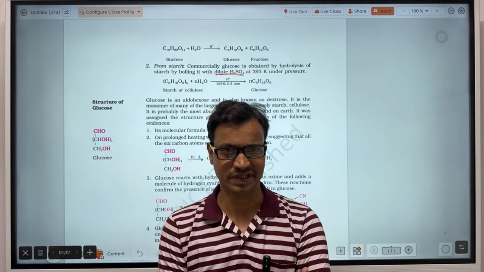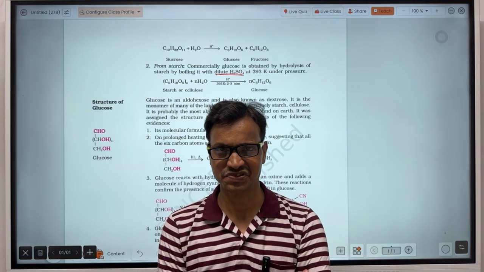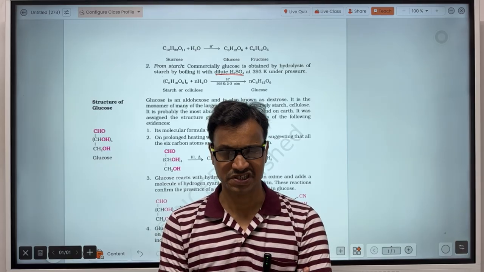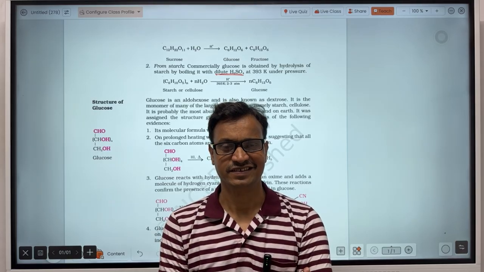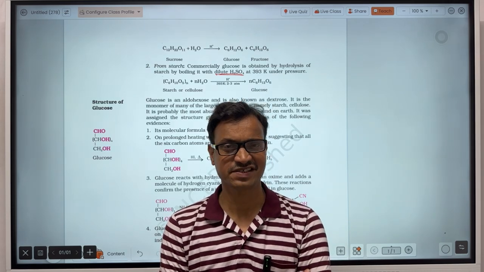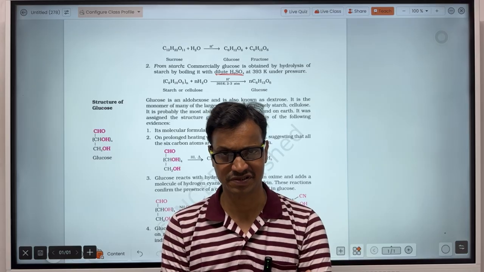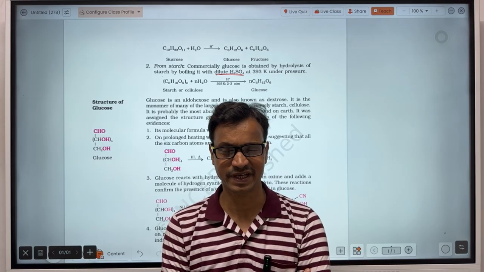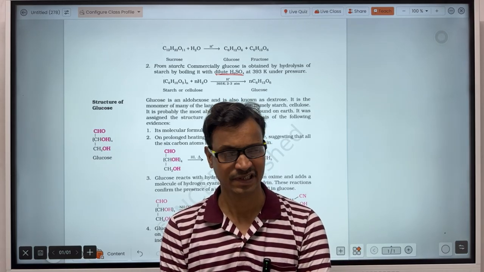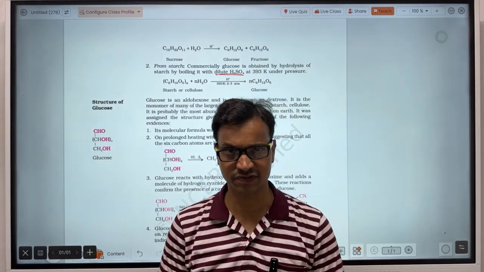Some reactions indicate that glucose has a closed, cyclic structure, which resembles that of pyran. That's why it is called the pyranose form. So two forms of structure have been proposed for glucose.